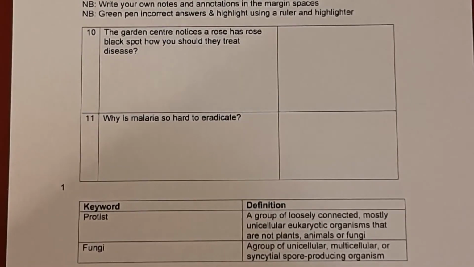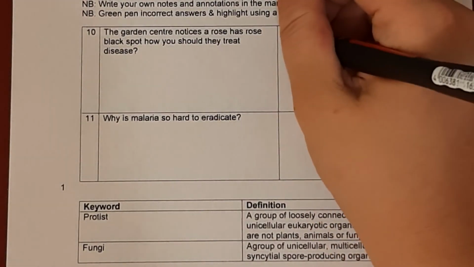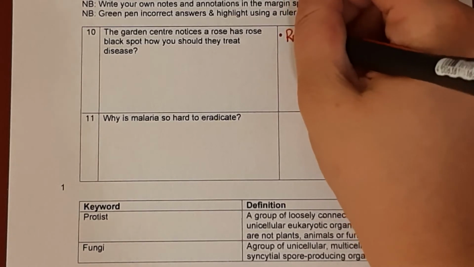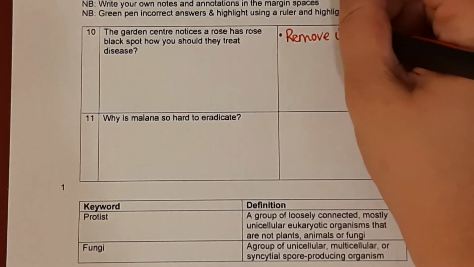Question 10. The garden centre notices that a rose has rose black spot. How should they treat the disease? Okay, so they're going to want to do probably a couple of things. They will want to remove any infected leaves.